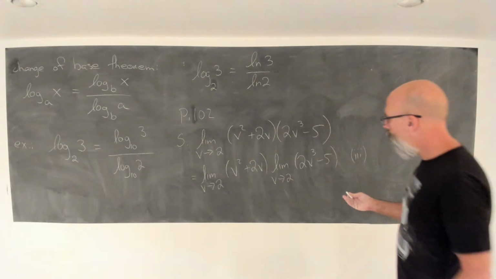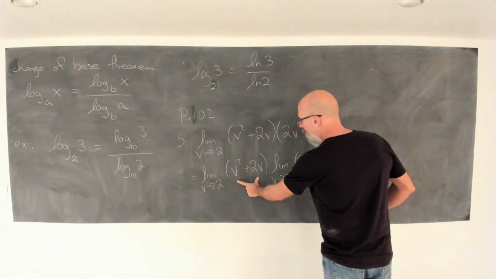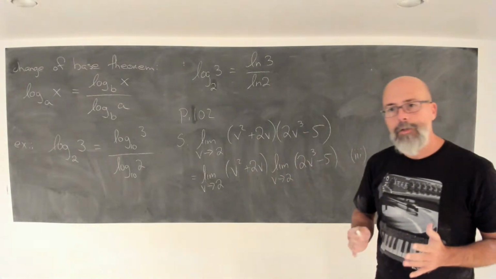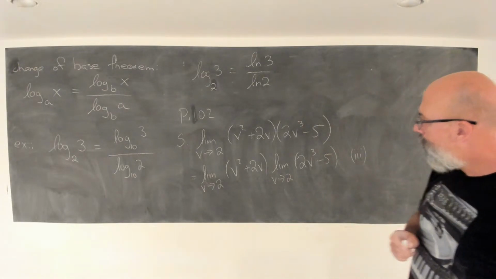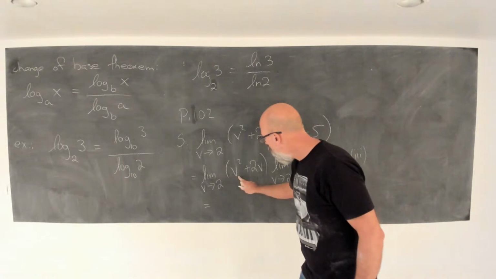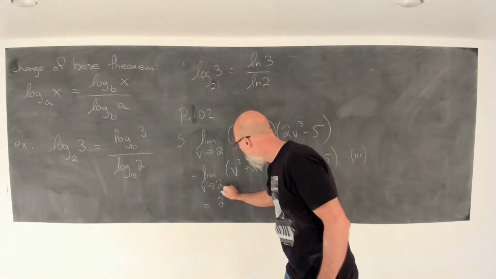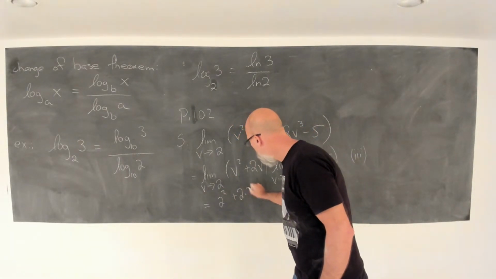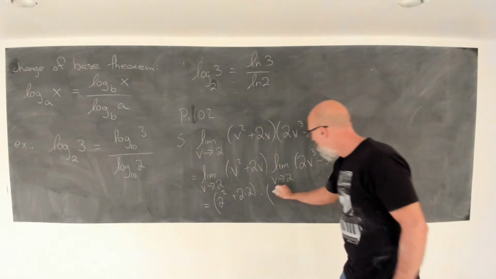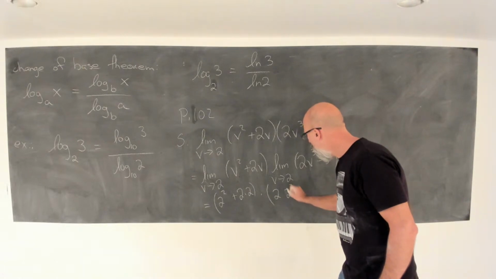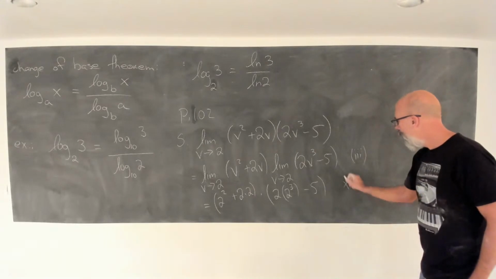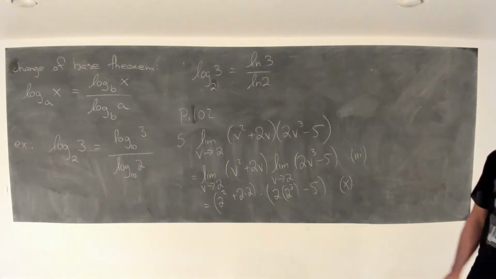And now, these 2 things are just polynomials. So by property 10, we saw that we could just plug in. And this is 2 squared plus 2 times 2, times 2 times 2 cubed minus 5, by property 10.